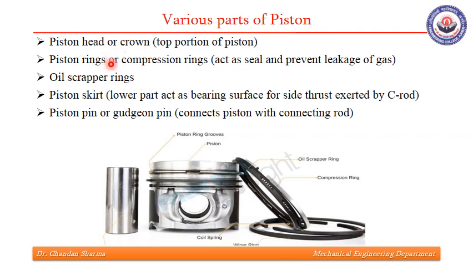Then beneath the piston ring there are oil escaper rings, piston skirt, which is lower part that acts as a bearing surface for side thrust exerted by connecting rod, and piston pin or gudgeon pin that connects piston with the connecting rod. All these parts are being displayed over here. This is gudgeon pin, this is piston, these are rings, this is oil escaper ring, and these are compression rings.